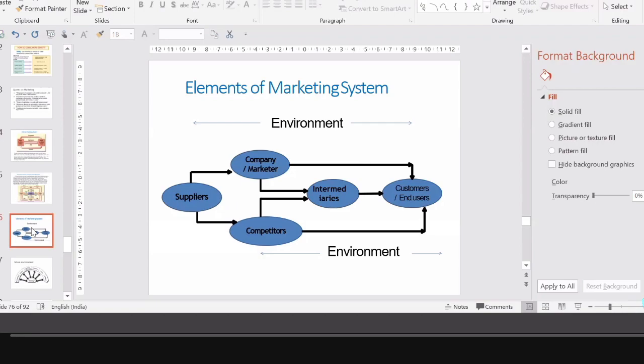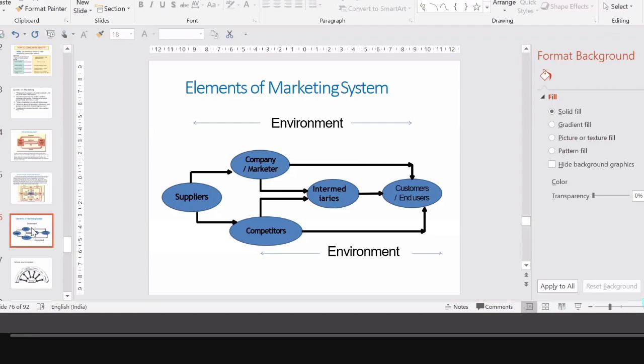It is not only the products and services, but also the information, advertisement, and the access and possession utilities, all provided through the intermediaries. The company, along with its competitors, is also serviced by the suppliers. All these elements consist of the micro environment, and they are all bound by the macro environment around it. There is an environment around in which all these elements operate.